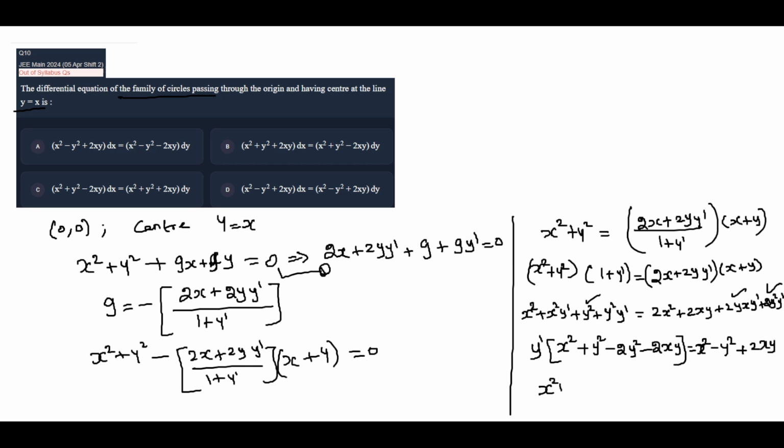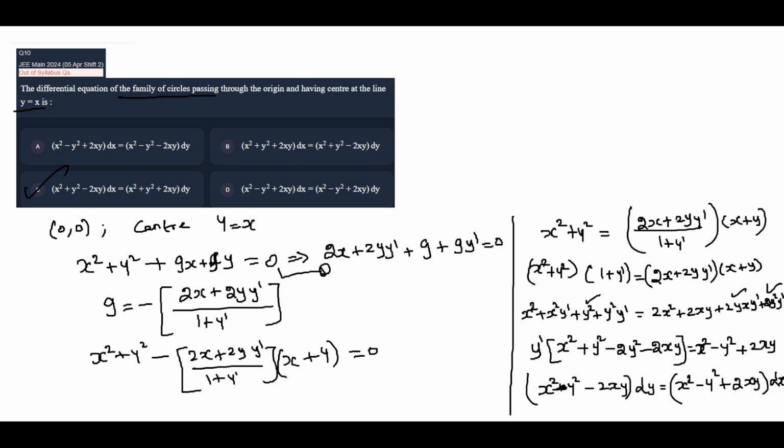So x square minus y square minus 2xy. Just consider y dash is dy by dx, so dy is on the left side and dx will be on the right side, x square minus y square plus 2xy into dx. So it is in the choice of minus 2xy plus 2xy.